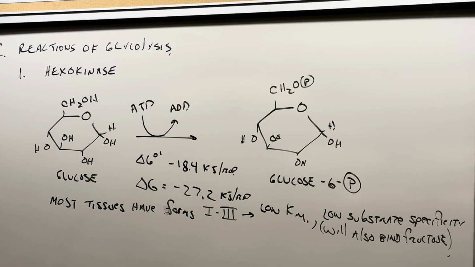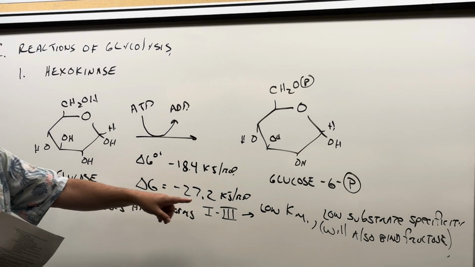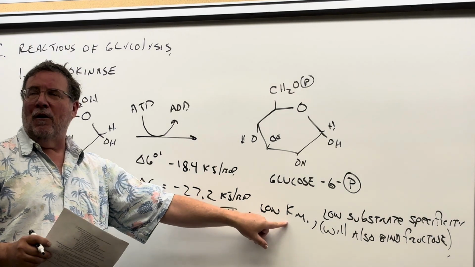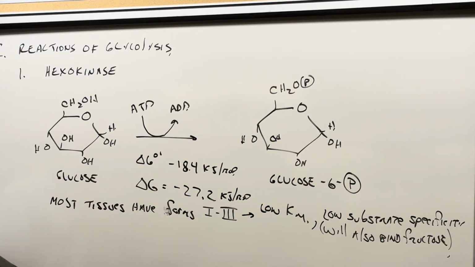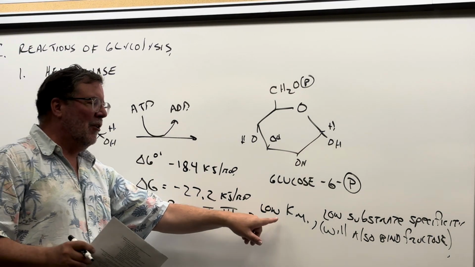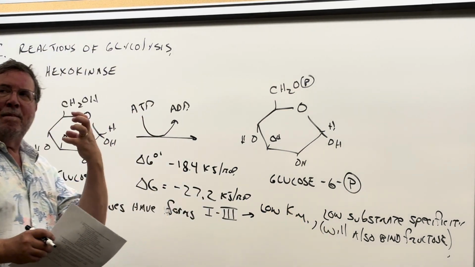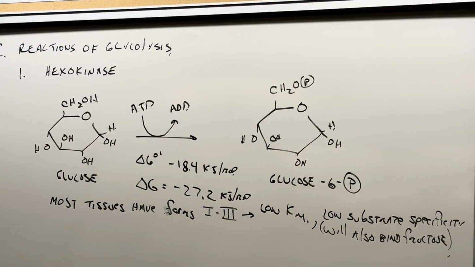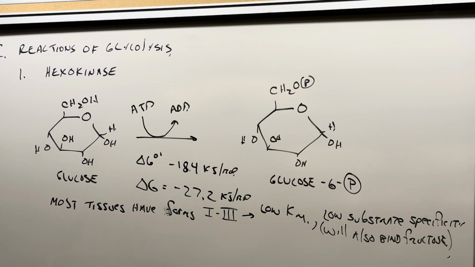That's what it does. And so it has a low Km, which basically means it can scavenge the glucose that's coming in from the bloodstream pretty effectively, and it doesn't really care whether it's glucose or fructose. It's just going to bind it and phosphorylate it so that it can move on and make ATP.